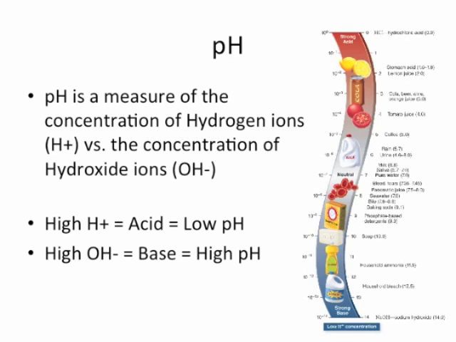And you'll probably notice that a lot of cleansers, a lot of things that we use to clean, are bases. A lot of cleansers are high in OH-. And a lot of foods are high in H+. A lot of foods have a fair amount of acid in them. So kind of a duality there. And water's right in the middle, right at a neutral pH.